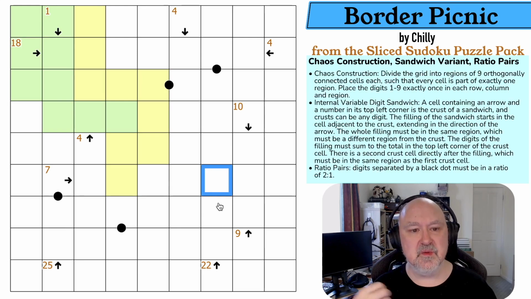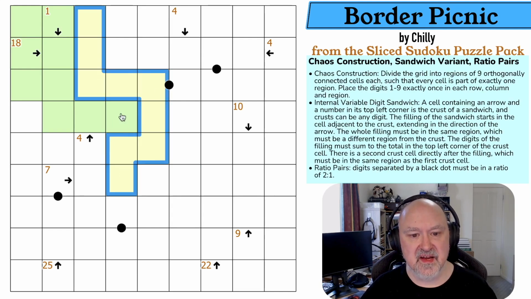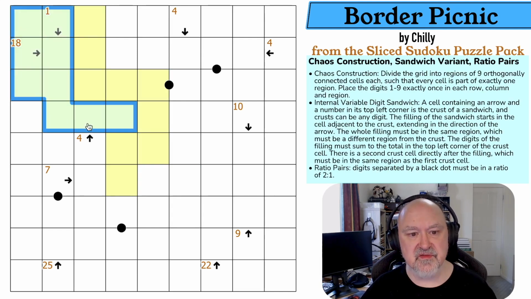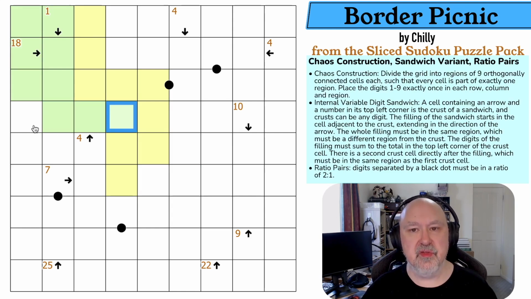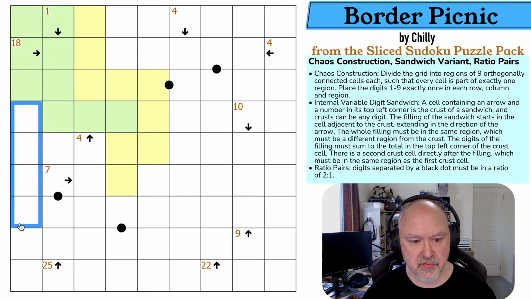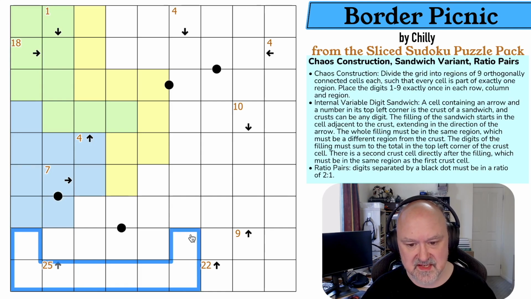And what we're doing is we're effectively making an irregular Sudoku where each of these colored areas would be a different region of the Sudoku where the digits 1 to 9 would not repeat within those regions. So we could go 1, 2, 3, 4, 5, 6, 7, 8, 9. That could be a different one. And then 1, 2, 3, 4, 5, 6, 7, 8, 9.